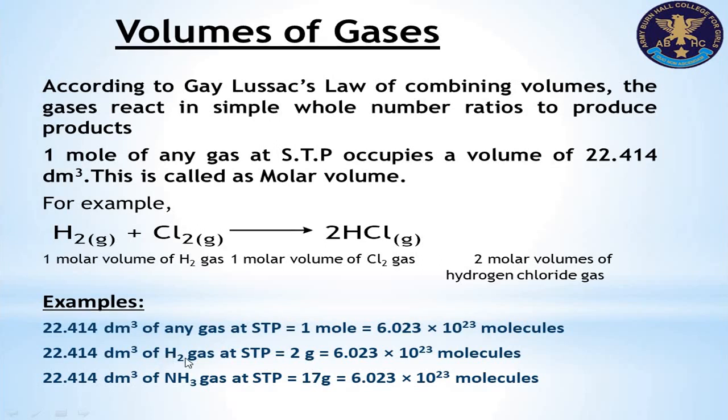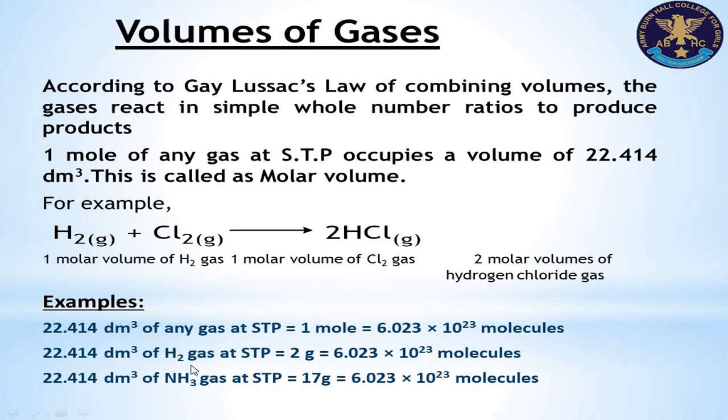If we have hydrogen gas, the molar volume, 22.414 cubic decimeter of 1 mole of hydrogen gas at standard temperature pressure, is equal to 2 grams. This 2 grams is the mass of 1 mole of hydrogen gas. It contains 6.023 into 10 raised to power 23 molecules.